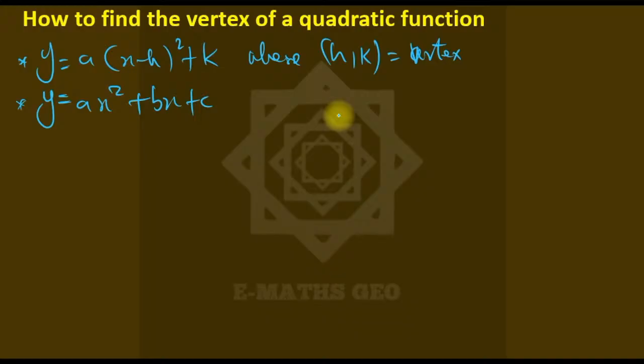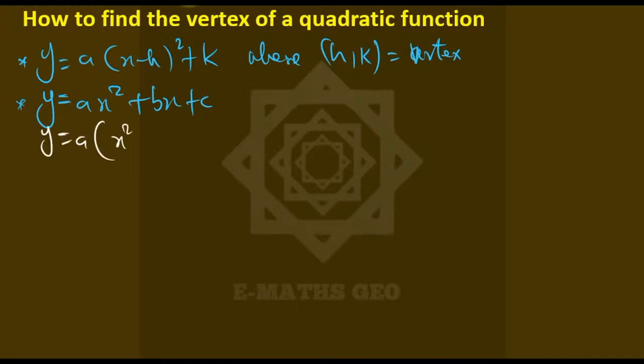So I want to transform this back to this. If you look at the first one, you see that the a is outside. Here a affects both x squared and x, but here a is affecting only one. So how do I do it? I'll bring out a first.